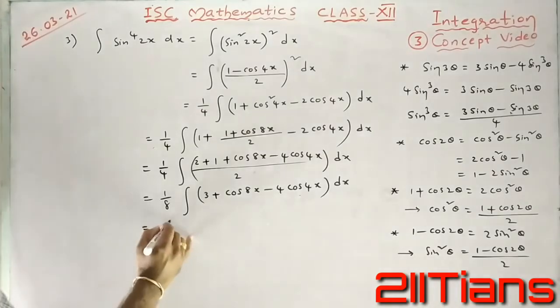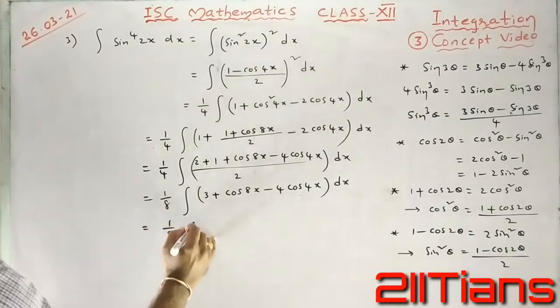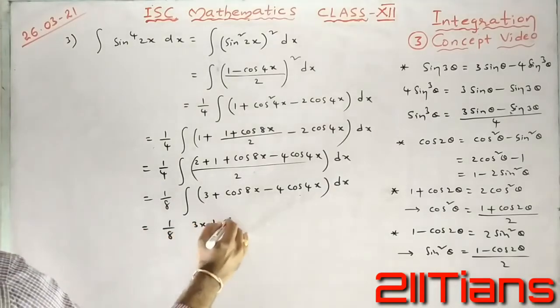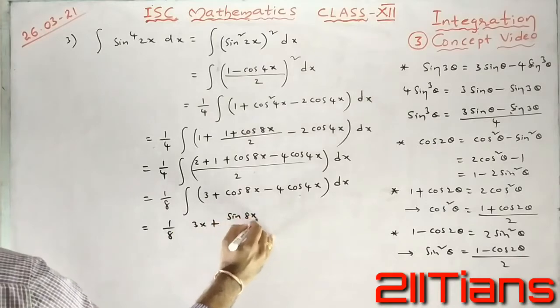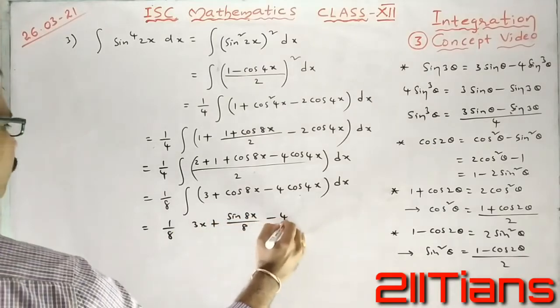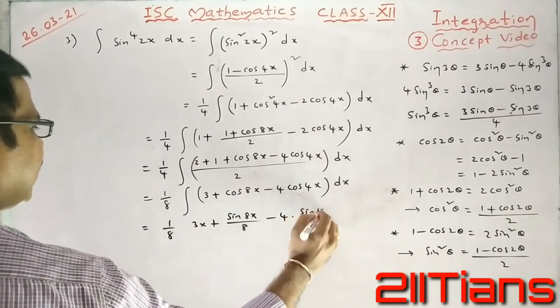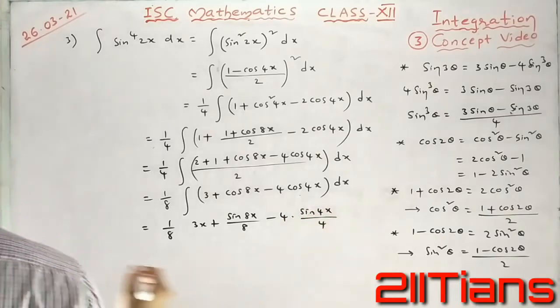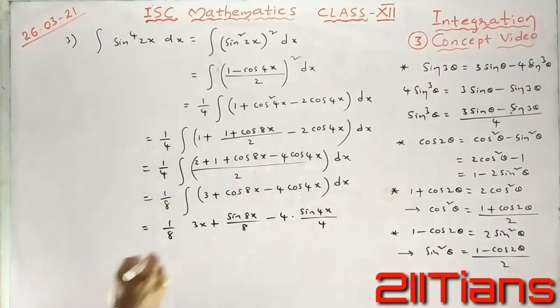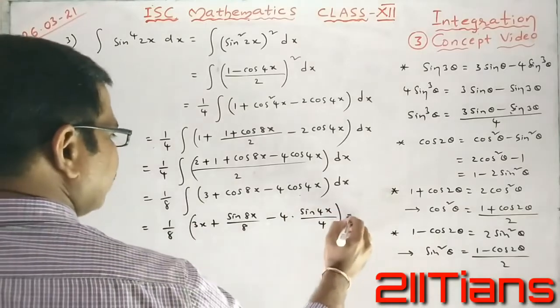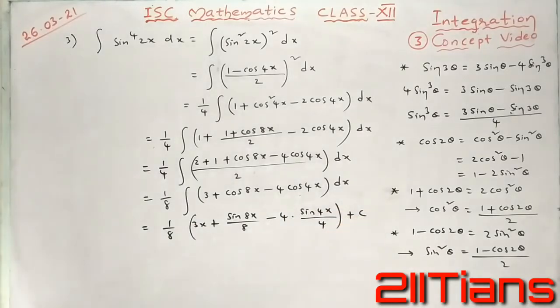So, if you write integration here, 1 by 8 times 3x, cos 8x means we can write sin 8x by 8. 4 times cos 4x means sin 4x upon 4. Integration of cos x is sin x, right? Plus c. But we can cancel out.